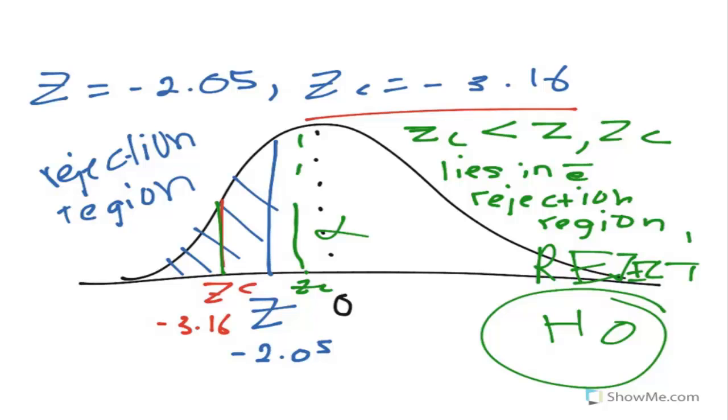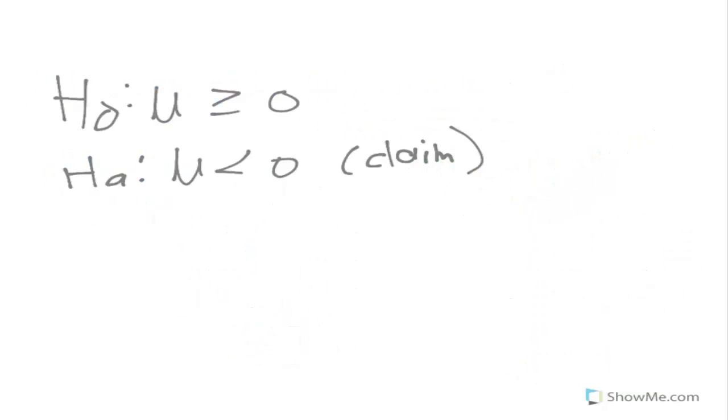So since H0 is directly rejected, what is H0? As we have done previously, this is the hypothesis we have come up with, and H0 is mu is more or equals to 0, and as we have calculated, we reject this. If we reject H0, it means we support the claim.